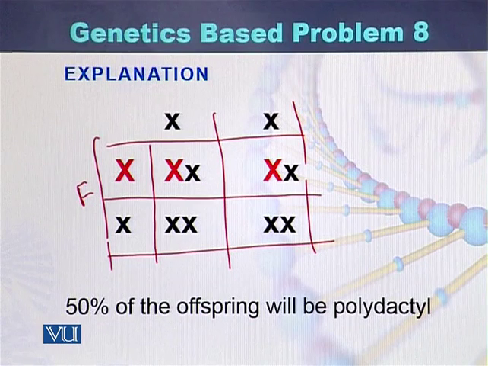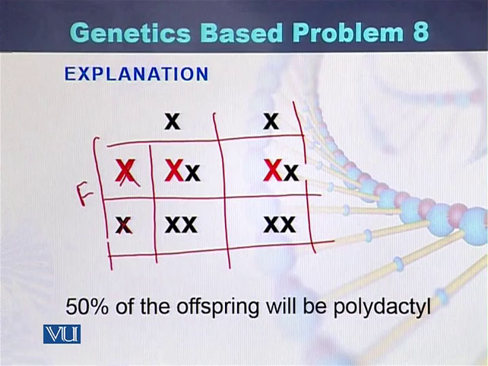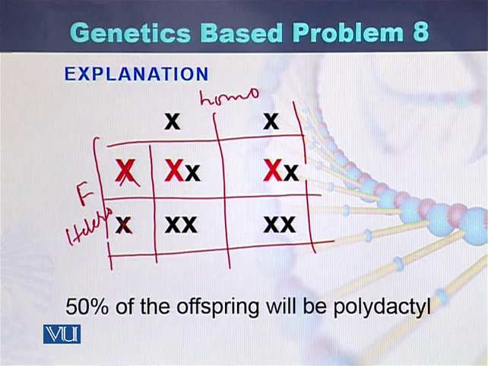One allele is dominant, so the father is heterozygous: there is a capital X and a small x. The father is heterozygous, H-E-T-E-R-O, while the mother is homozygous. The father has one dominant allele, marked with a red X, and one recessive allele.